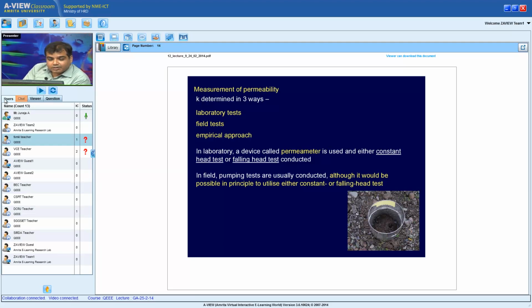Your water content is related to degree of saturation, so that expression of yours is not valid. I would like you to go back and look at the expression carefully. In the expression Se = wGs, if S becomes 0, your water content would also become 0 because there is no water.